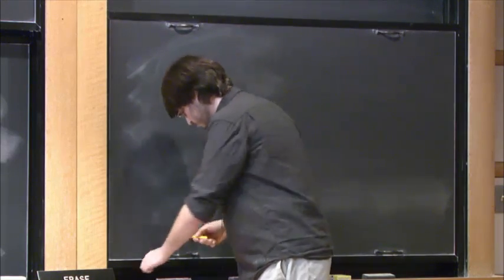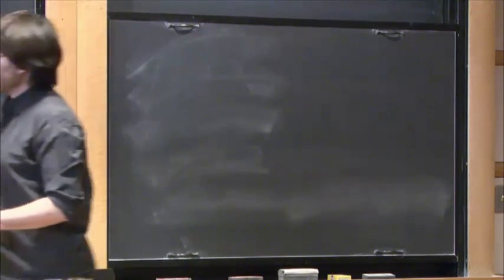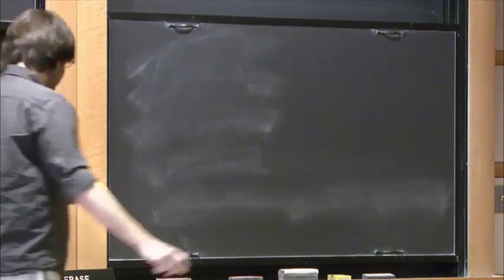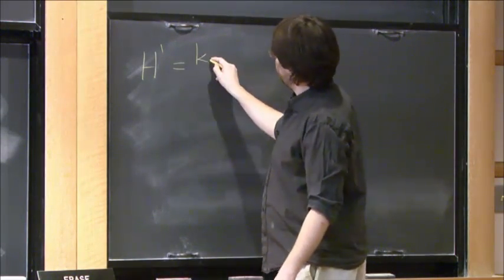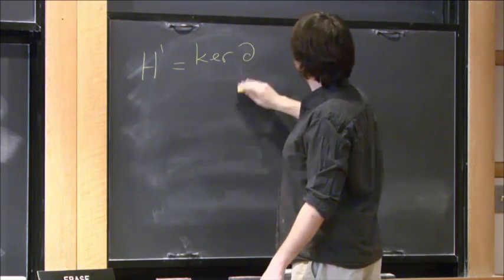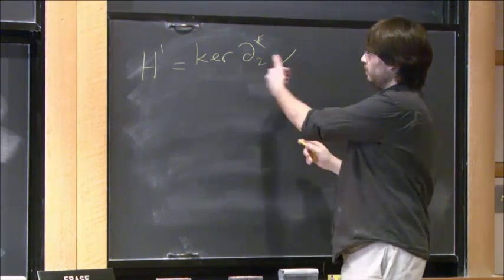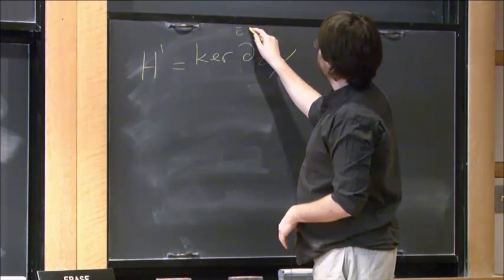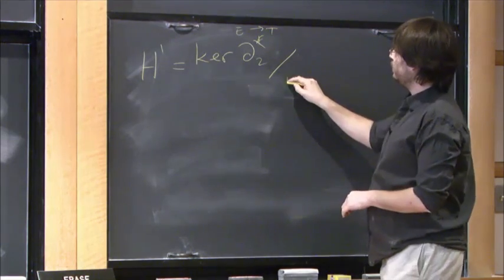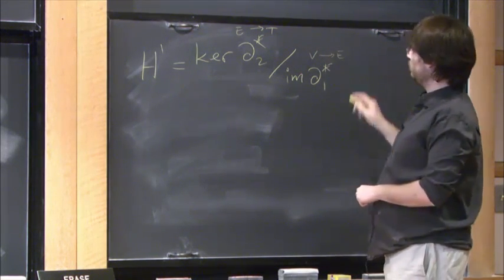This again will be useful to understand cohomology. The first cohomology is the kernel of the map going from edge flows to triangles, and the image of del 1 star, which goes from vertices to edges.